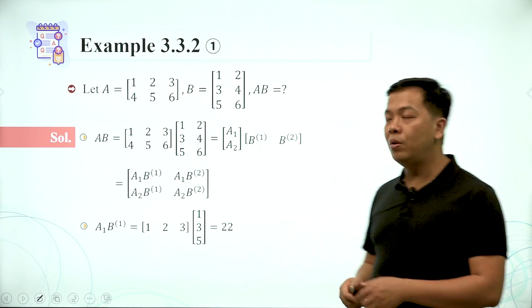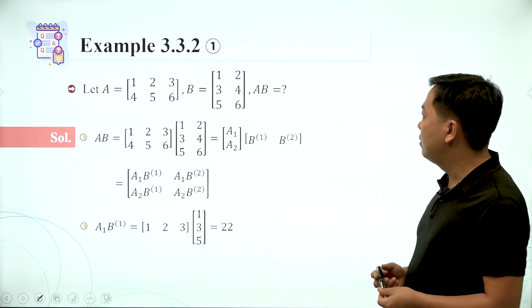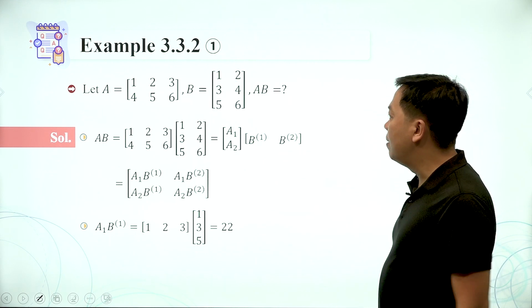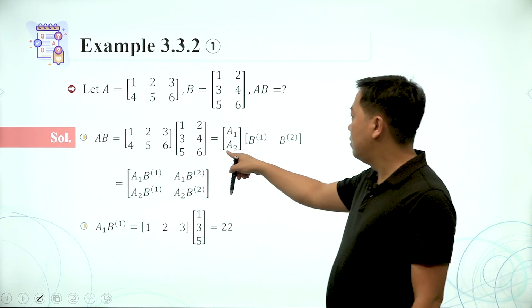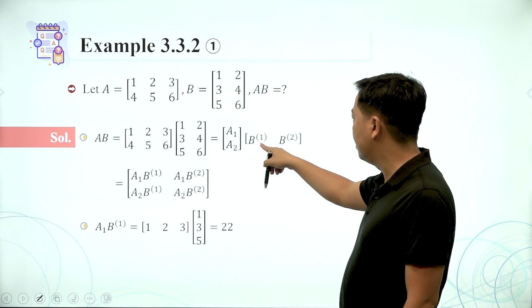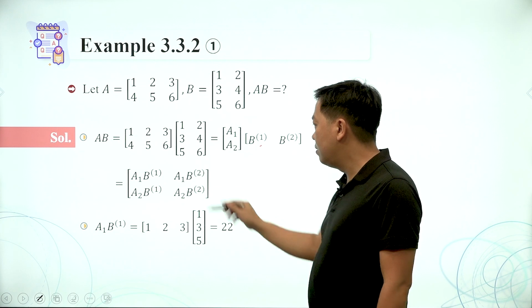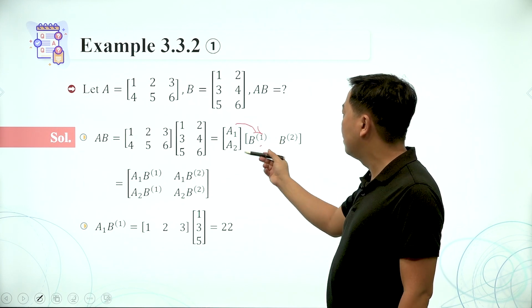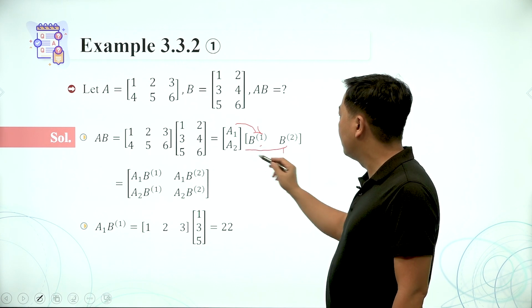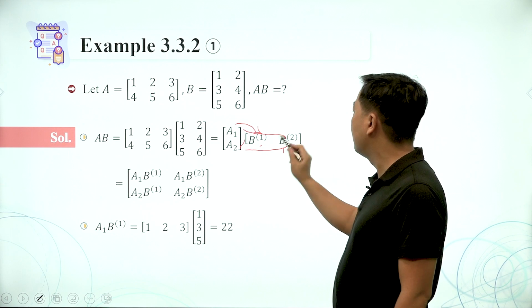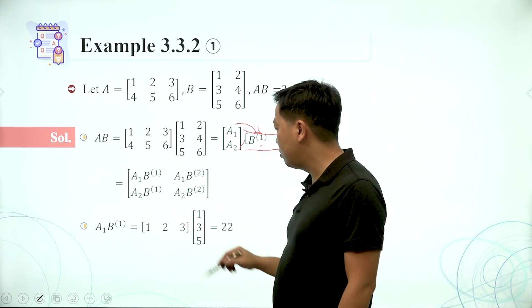For example, we have two vectors, right? So we can transform vector A into a column, and vector B into a row. After that we can multiply, and you can see the total value.